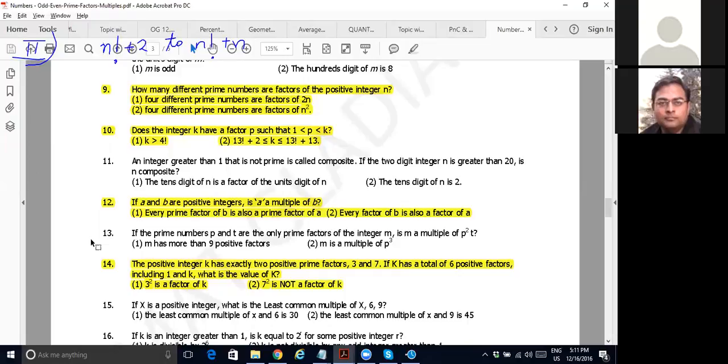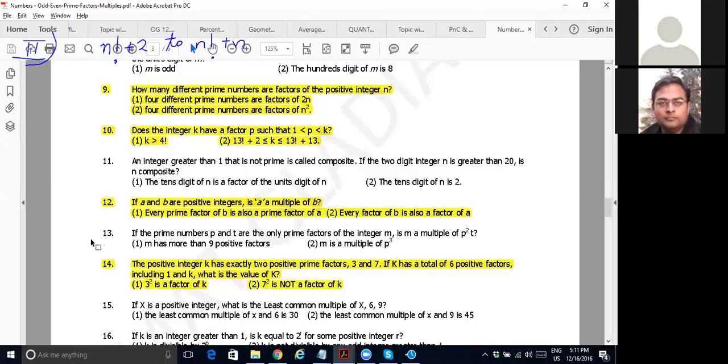Does the integer K have a factor P? If there exists such a factor, then K is a composite number. If there is no such factor, then K is a prime number. The question asked is in a yes or a no. So it is simply asking whether K is a composite number or a prime number.